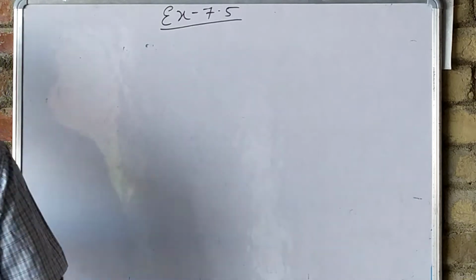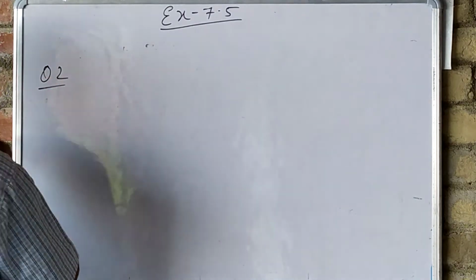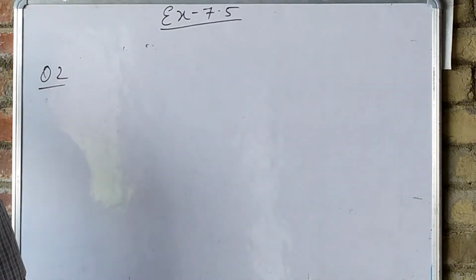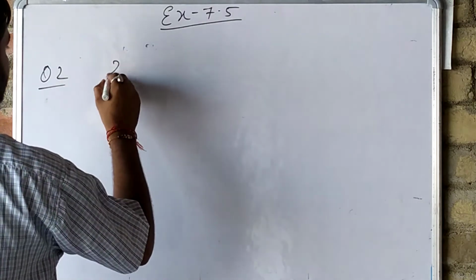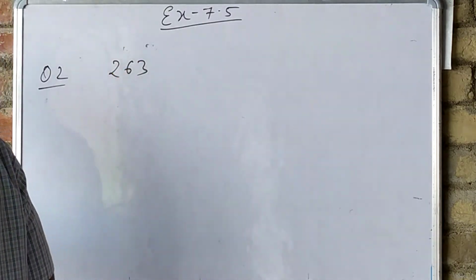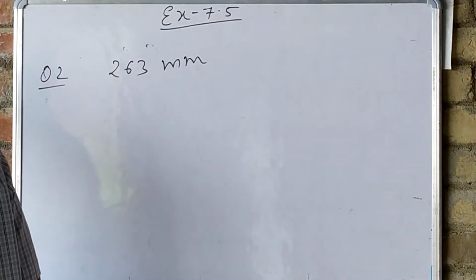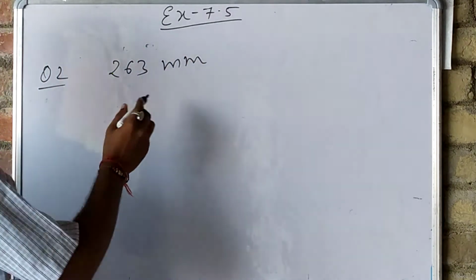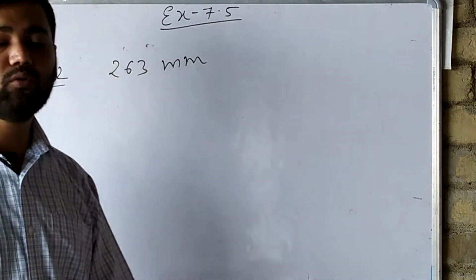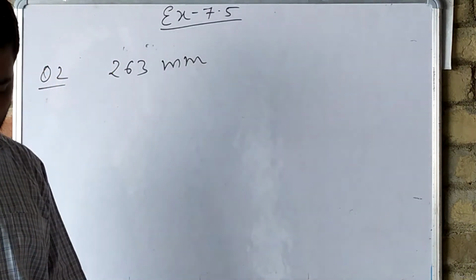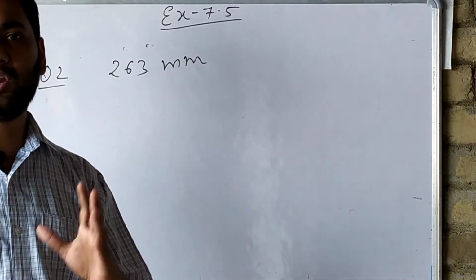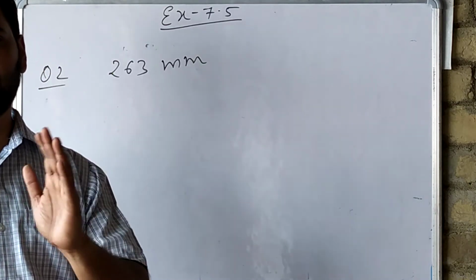Now see question number 2, second part, 263 millimeter. We have to convert millimeter to centimeter. I have told you one table: kilo, hecta, unit, deci, centi, milli.